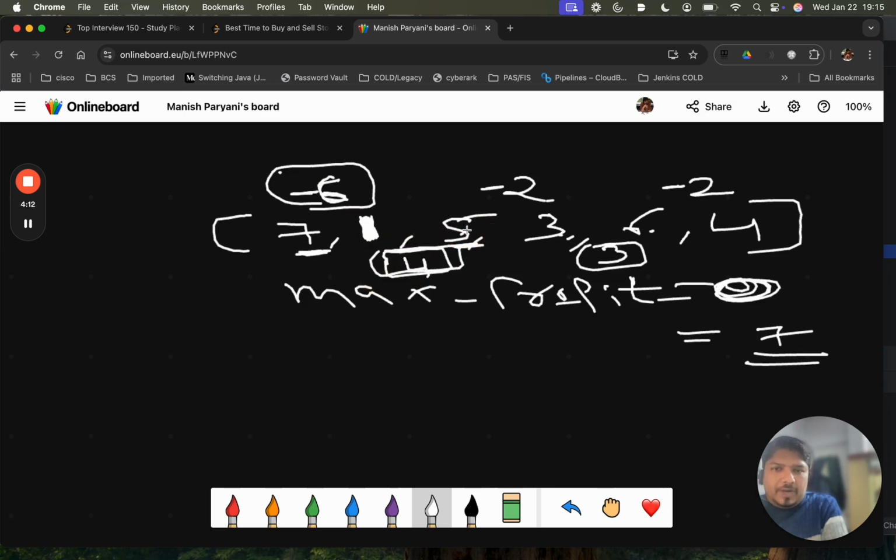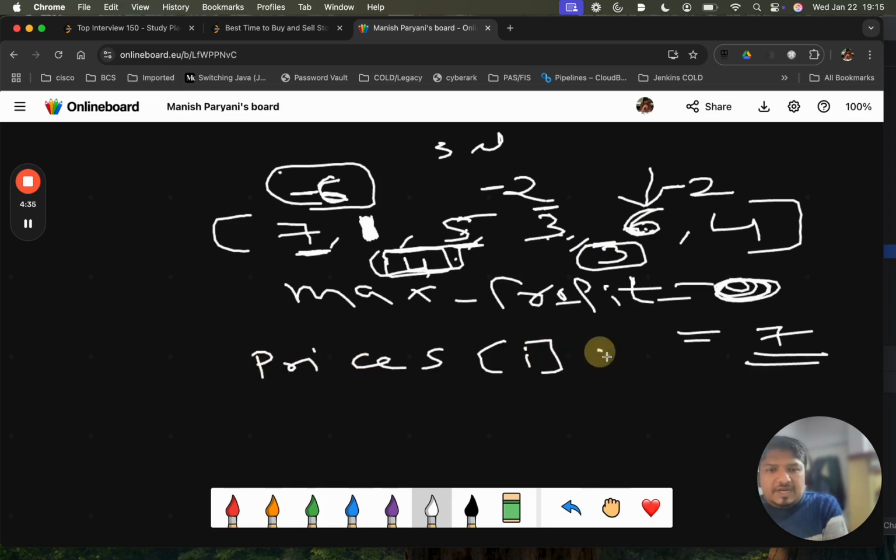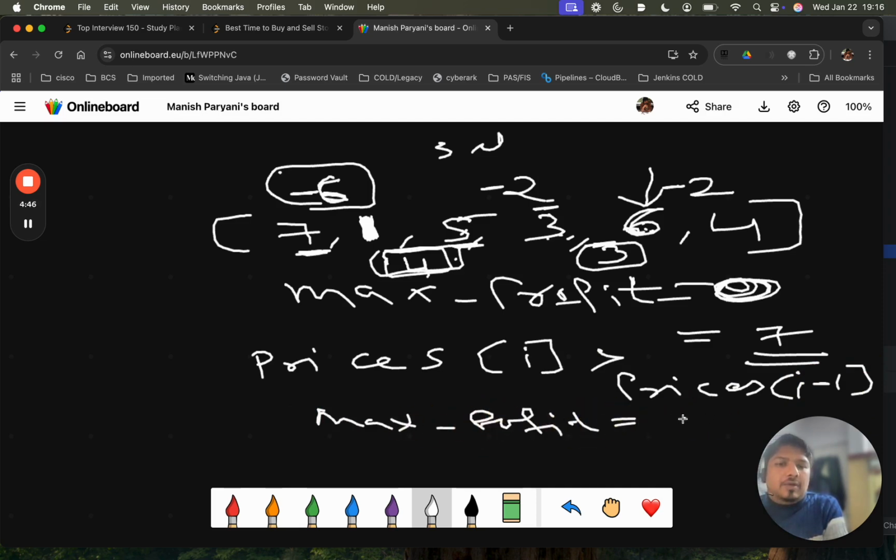Like let's say the third day price is 5, which is greater than the previous price, then you're making a profit. Imagine the current price is 6 rupees and the previous day was 3 rupees. So if the current price is greater than the previous day's, then you're making a profit. That's the only condition. If prices[i] is greater than prices[i minus 1], then we calculate the profit and add it into the max profit.